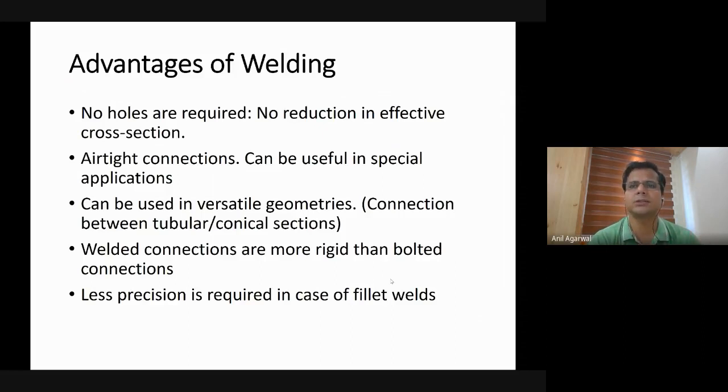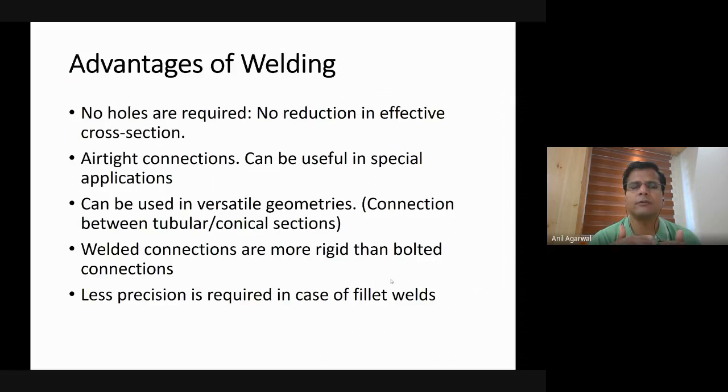So welded connections are very good in a few aspects. One very important one is that welded connections are relatively stiffer than bolted connections, right? Another is that welded connections, especially if you go for a fillet weld rather than a groove weld. Groove weld, again, requires a very high level of precision in fabrication.